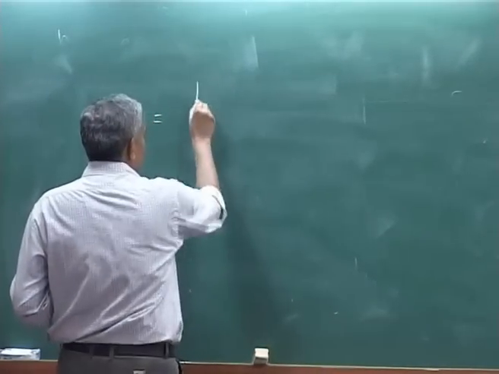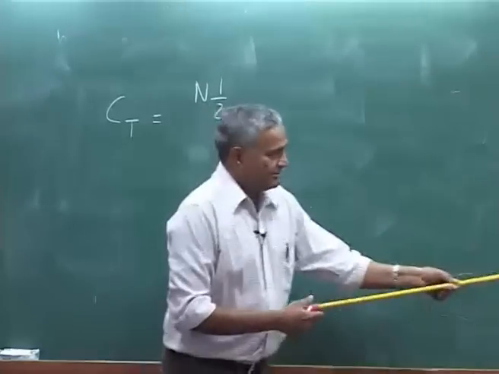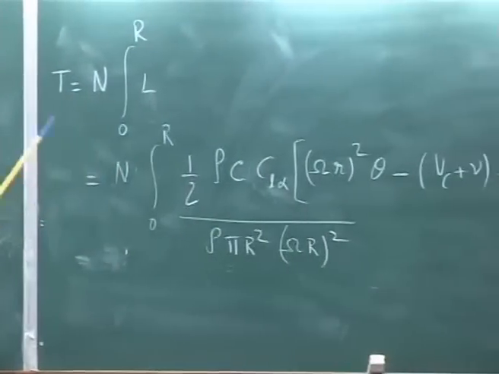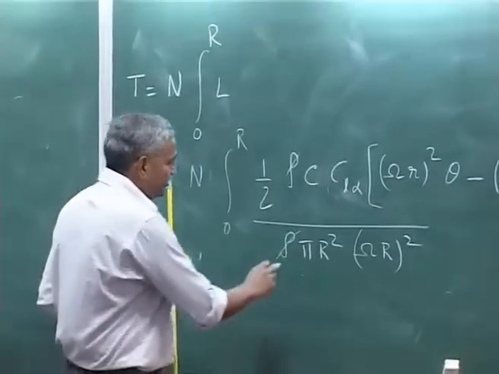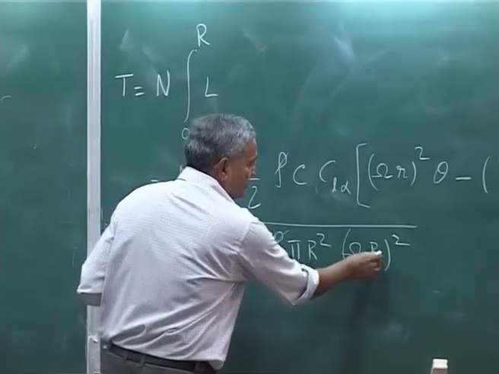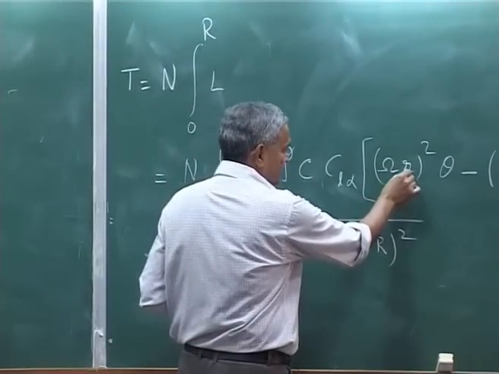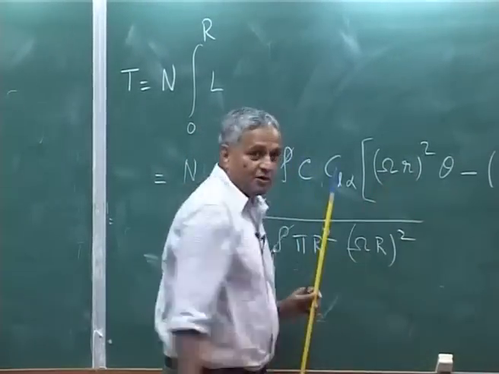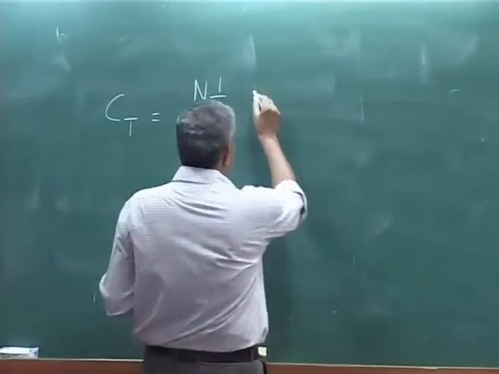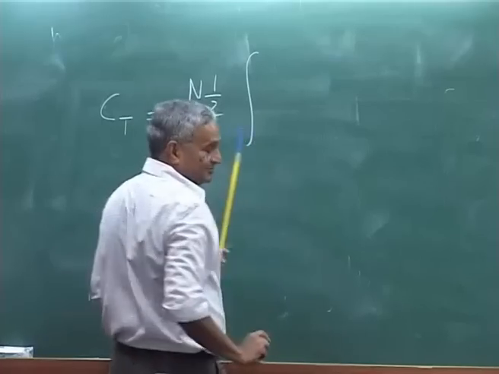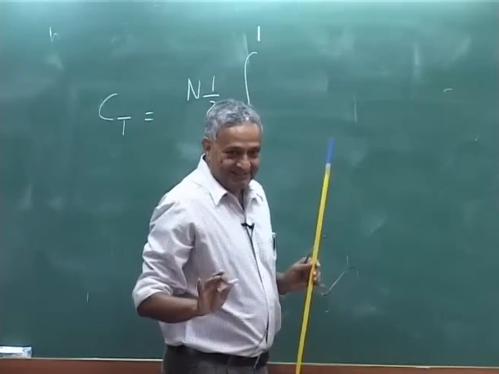Ct, I will have N, there is a half factor outside, anyway rho will cancel out. Now, omega R whole square, you take it here. When you take it here, this will be omega square R bar square. I will write the integral, it is essentially 0 to 1.